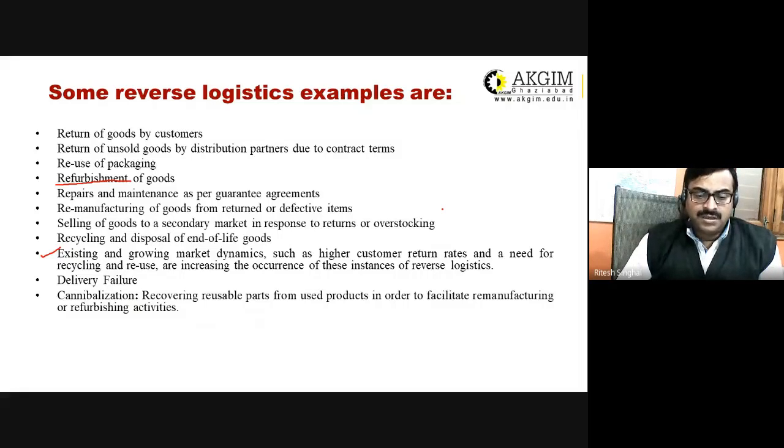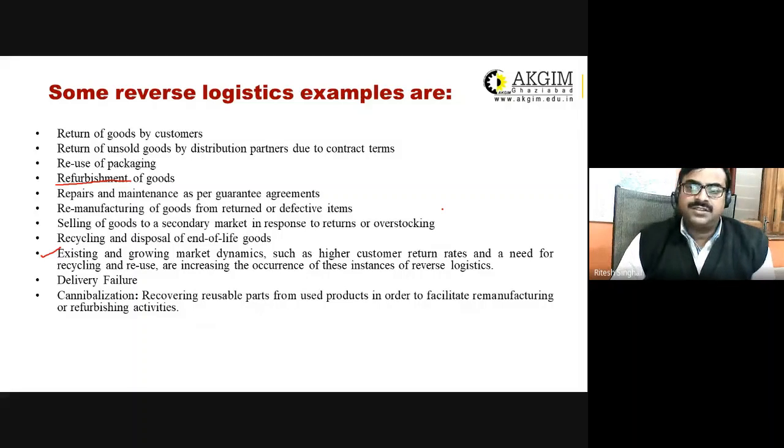So see how important this return management is. You get a new mobile after exchanging the old one. So where does that exchange go? What is the process of that exchange? This is obviously reverse logistics.